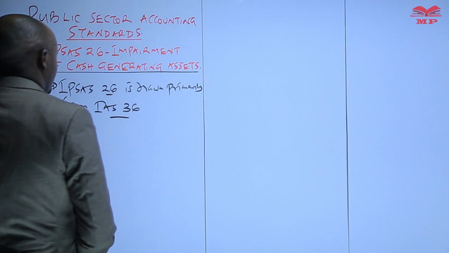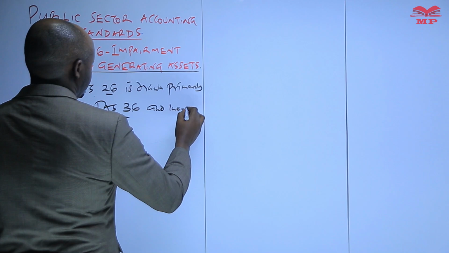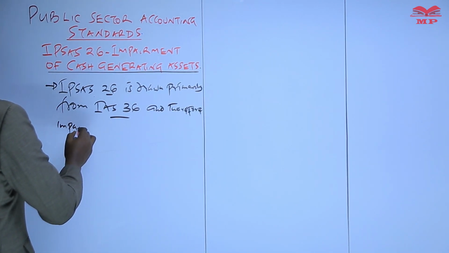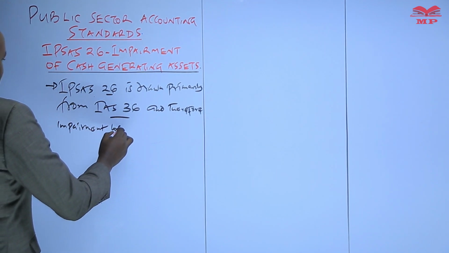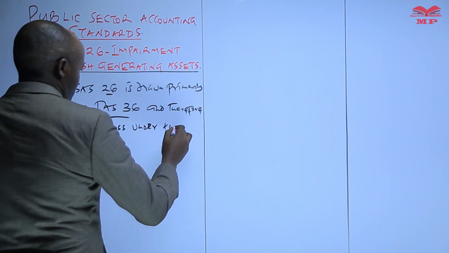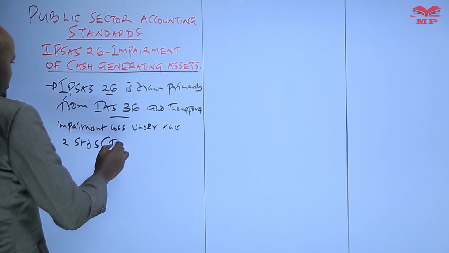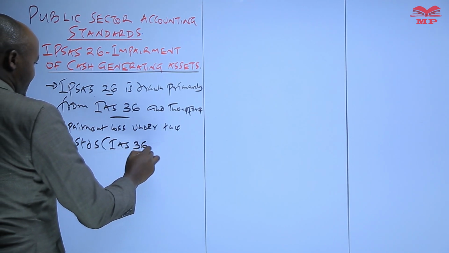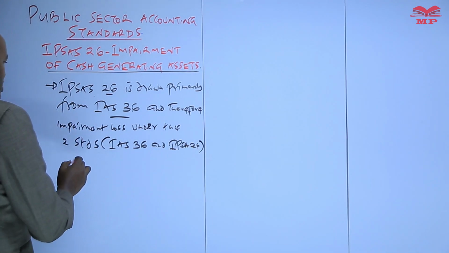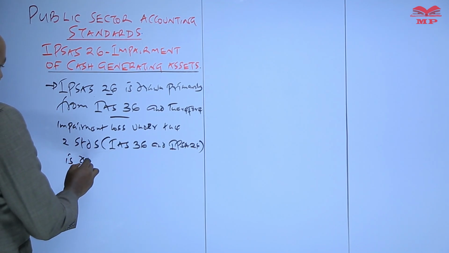It's drawn primarily from IAS 36, and therefore impairment loss under the two standards, IAS 36 and IPSAS 26, is determined in the same way.